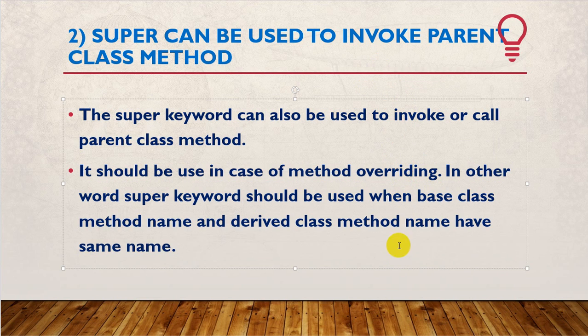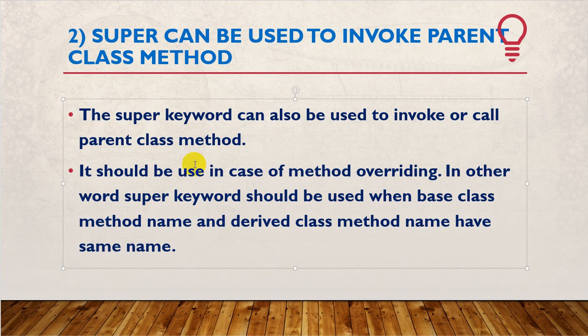The object of the child will give priority to, or override, the method with its own version, the one that belongs to the child class object. So it will give priority to its own function, not the parent function. So it should be used in the case of method overriding. In other words, the super keyword should be used when the base class method name and derived class method name are the same.